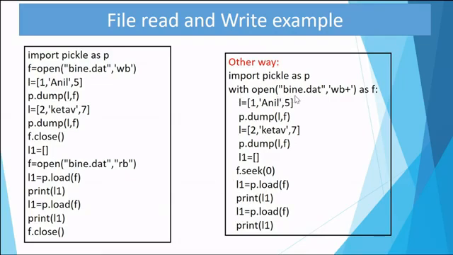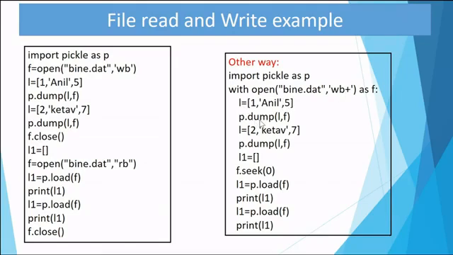What is the benefit of using this way? You do not have to explicitly close it. You can see here I have closed it once, then I opened it for reading. Here I am not going to close it and reopen it. I once opened it in read and write binary form, and I am going to use it.